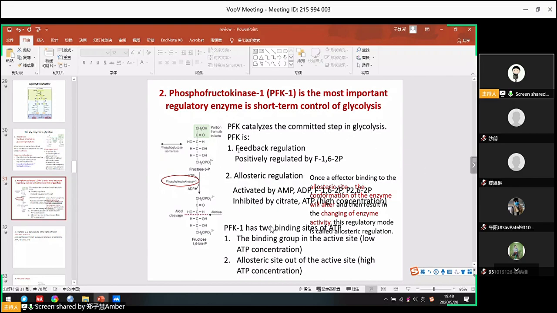For PFK1, you have to know what the inhibitors and activators are. They are in your original lectures. PFK1 can be activated by AMP, ADP, fructose 1,6-bisphosphate, and fructose 2,6-bisphosphate, and it will be inhibited by citrate and ATP at high concentration.